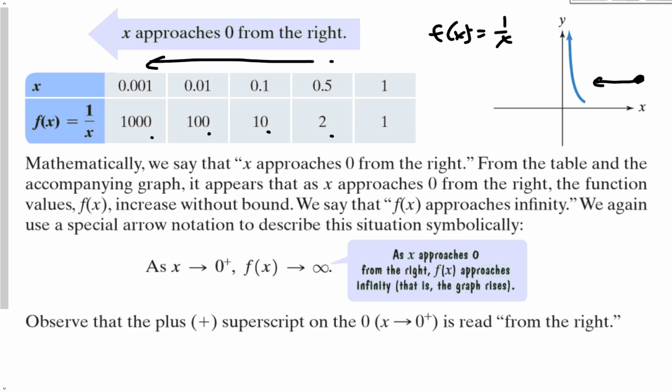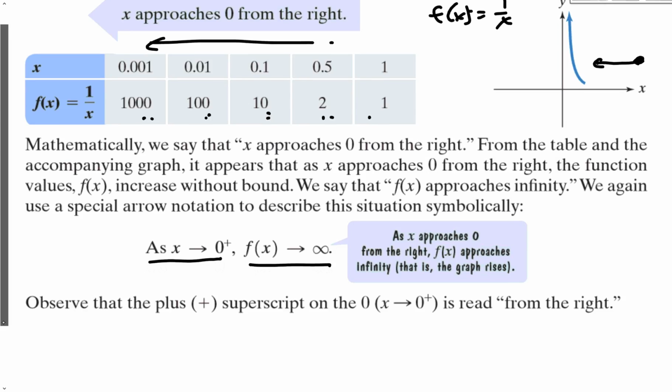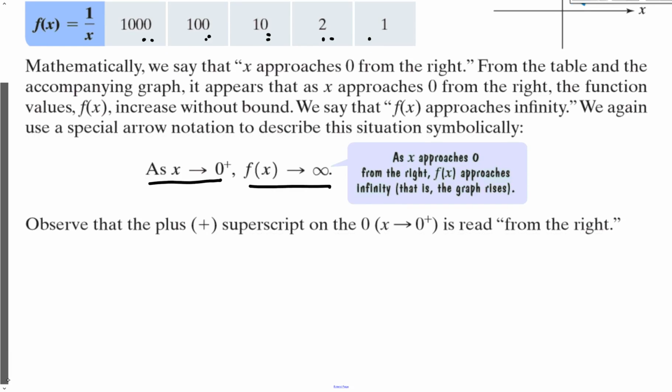So as we get closer and closer to 0 from the right, the numbers get larger and larger. With arrow notation, I have my notation here that says as x approaches 0 from the right, f of x approaches infinity. The plus superscript means from the right.